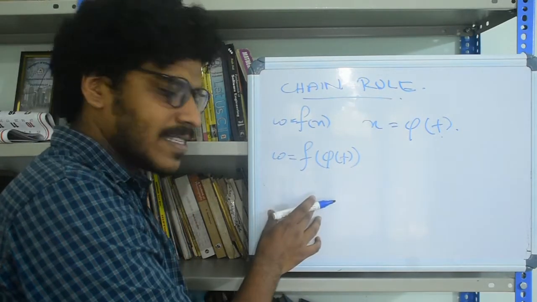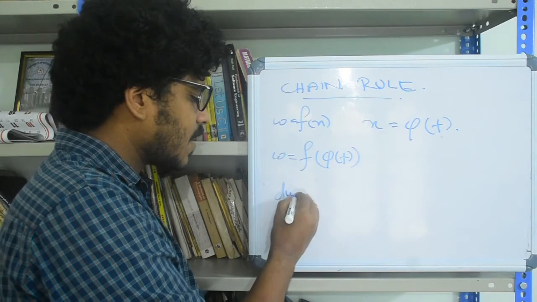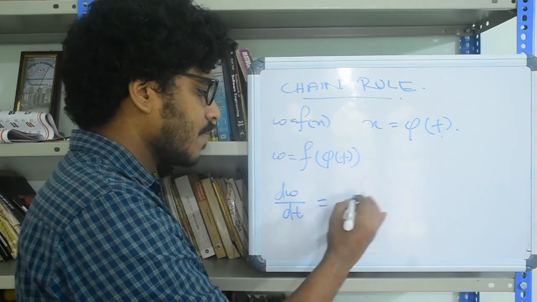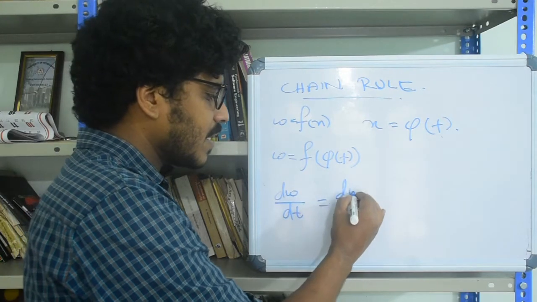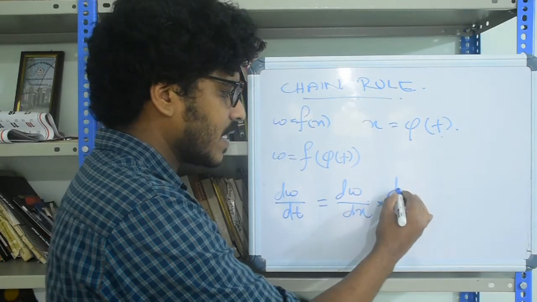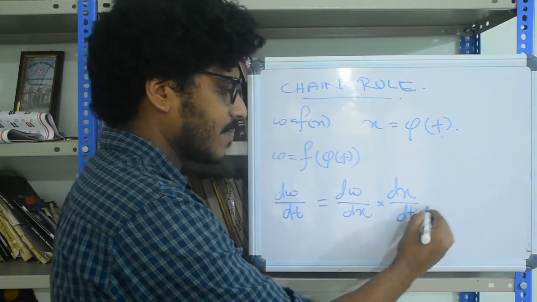If this is the case, the derivative of w with respect to t, dw by dt, is given by dw by dx into dx by dt.